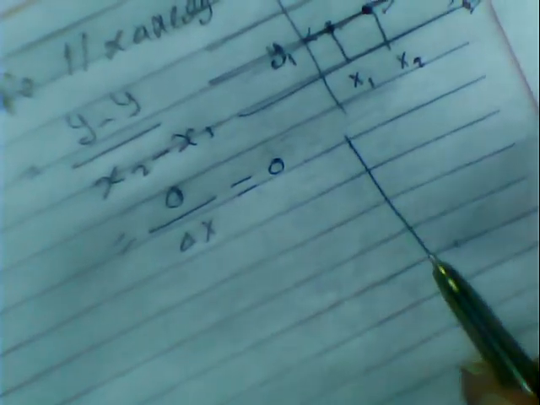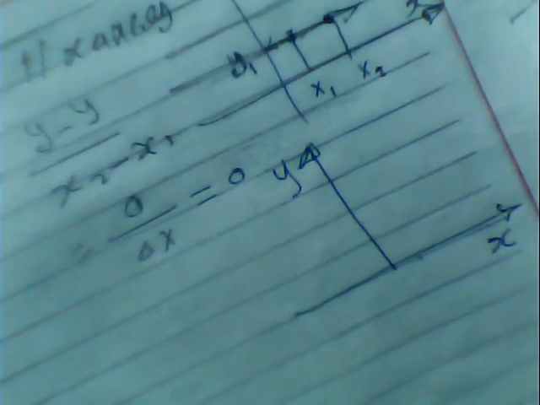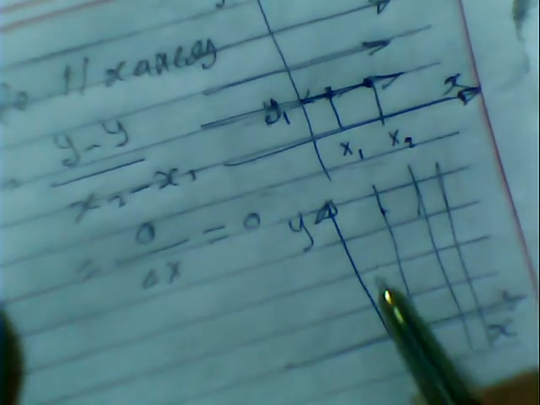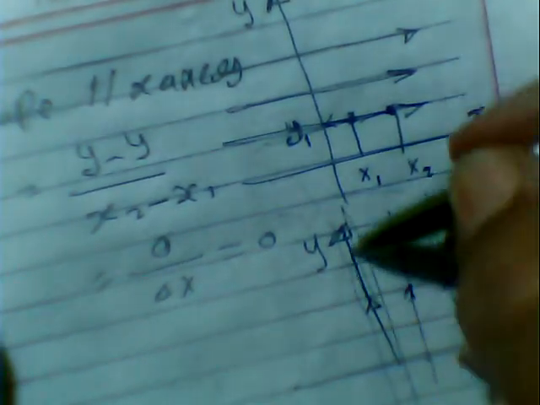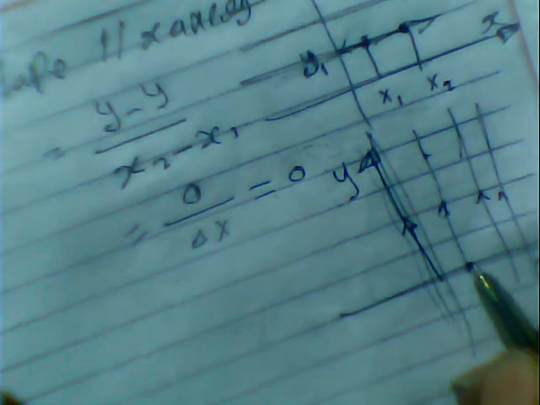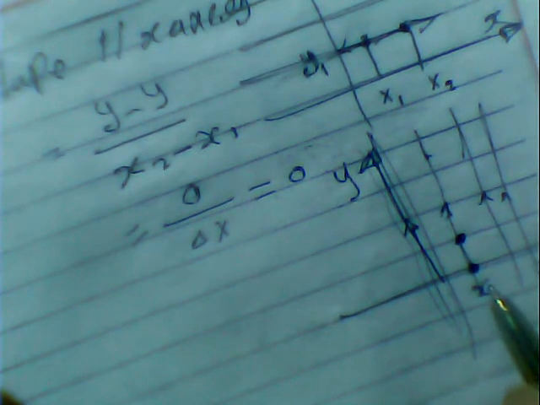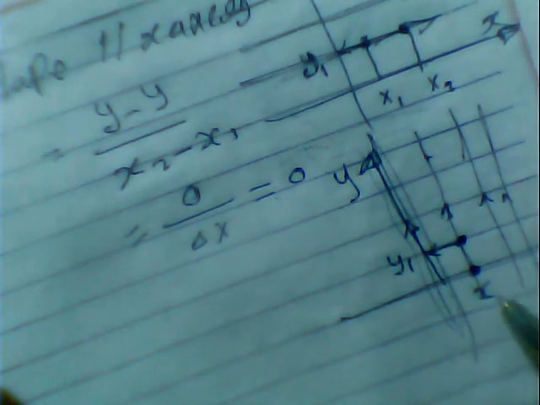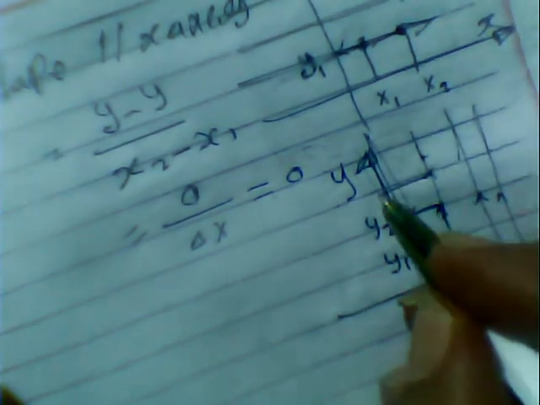But if we have another x-axis and y-axis, and we want the slope of all lines parallel with the y-axis, then it is not defined. Why is it not defined? x1 has y1 and there is no change in x, but we give y2 and y3.